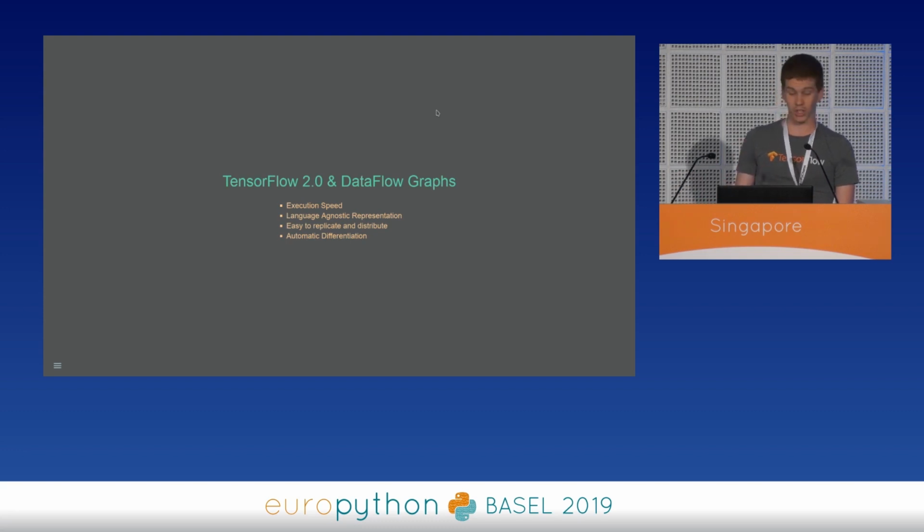Moreover, automatic differentiation comes almost for free when the computation is described using graphs. So to merge the graph advantages proper of TensorFlow 1 and the ease of use of eager execution, TensorFlow introduced tf.function and AutoGraph.